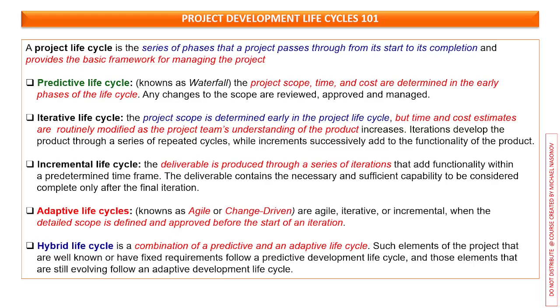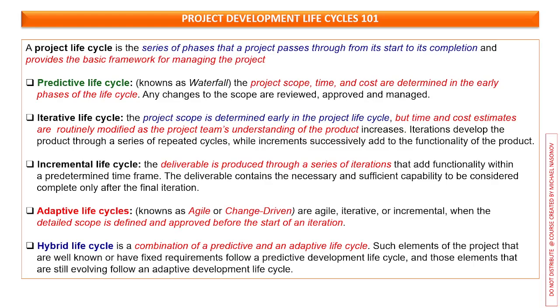Very good and very modern one, adaptive life cycles, known to you as agile or simply speaking change driven, are agile, iterative or incremental when the detailed scope is defined and approved before the start of an iteration. Means in cycles.